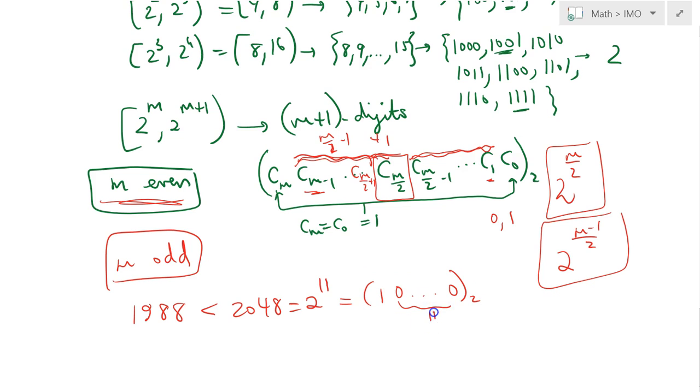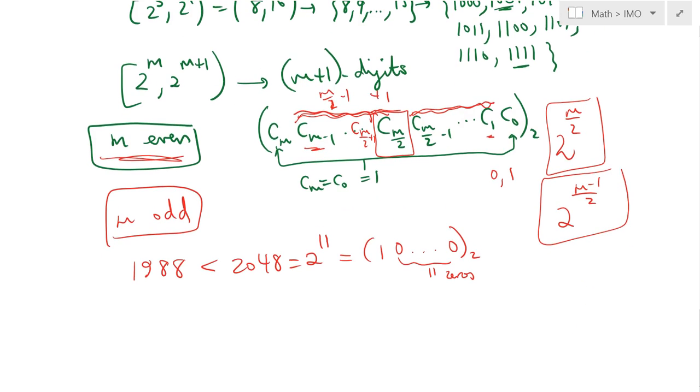So there are 11 zeros here. So therefore, we're only interested in 11 digit binary numbers, and we want to figure out how many palindromes exist among those. So all we do therefore is we can start the count.